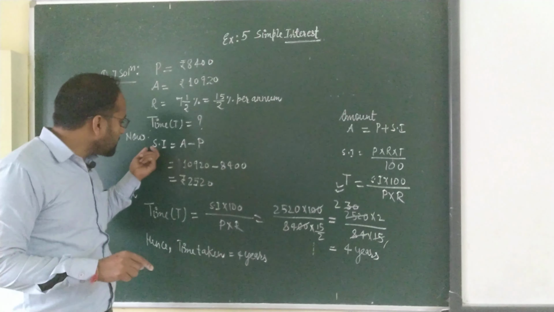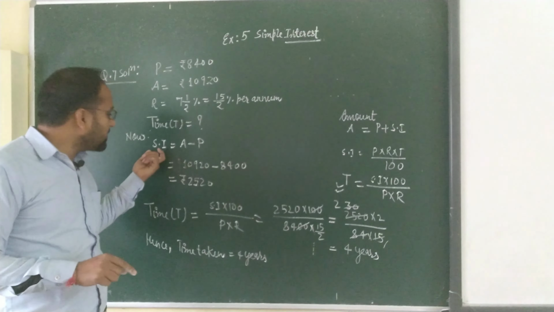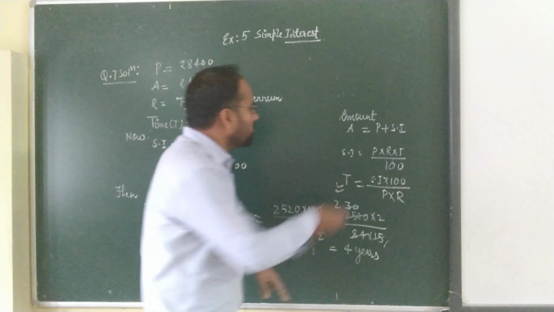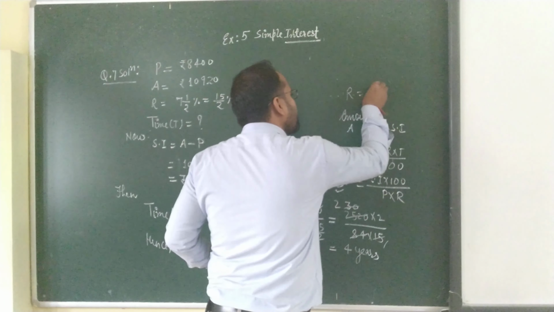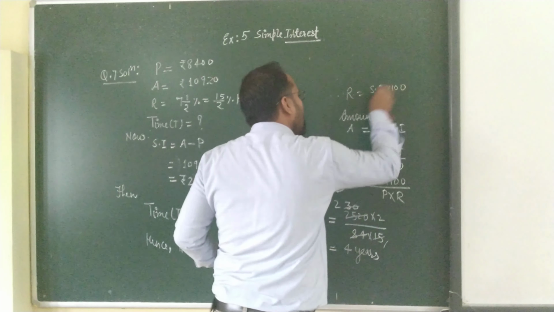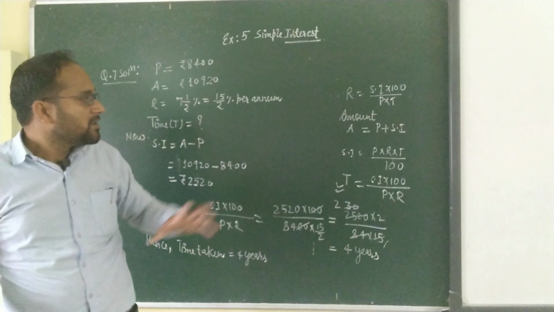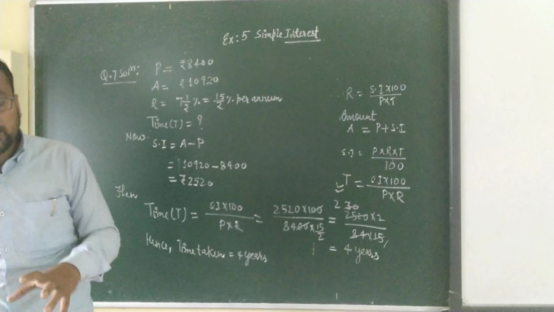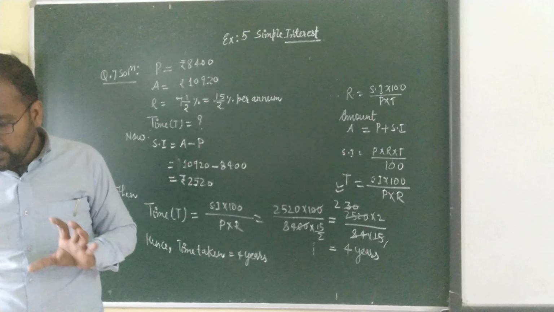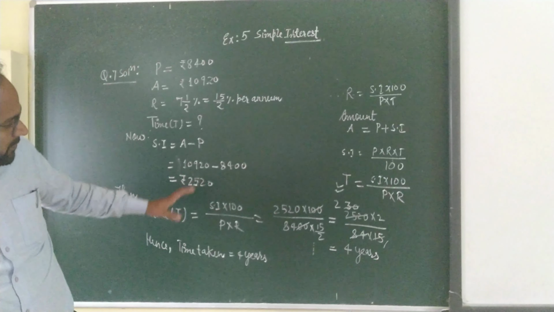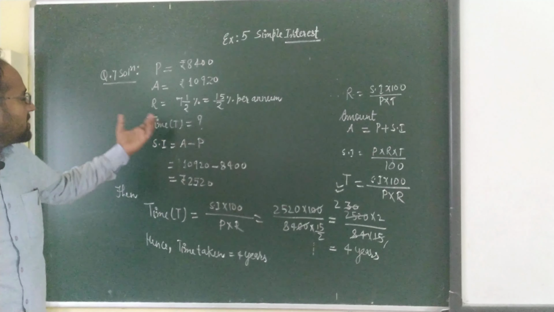So same as it is: first you will find the SI, and then the time is given. So the rate of interest is equal to SI multiplied by 100 upon P into T, principal multiplied by time. I think you have done question numbers 7 and 8 in your room properly, but if you have not done it, see question number 7.